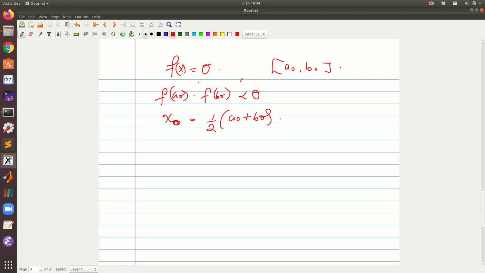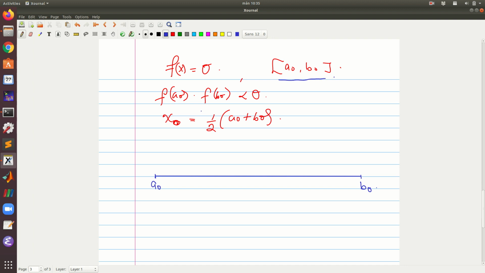All right, let us do this. Let me draw a straight line here. Okay, we have an interval, and then we have our starting values a0 and b0, the closed interval a0, b0.